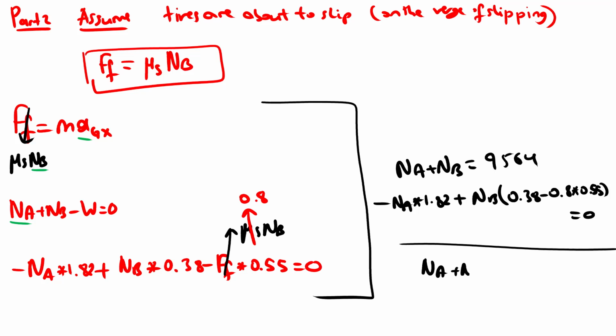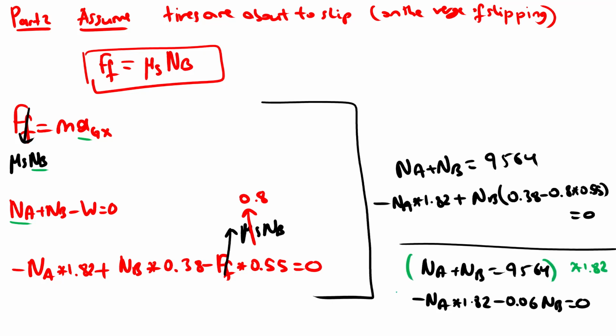Na plus nb is equal to 9564, negative na times 1.82 minus 0.06 nb, that's equal to 0. Okay, and then we can solve them as we will multiply the first equation by 1.82 and then add this together. That is the procedure that we will follow.